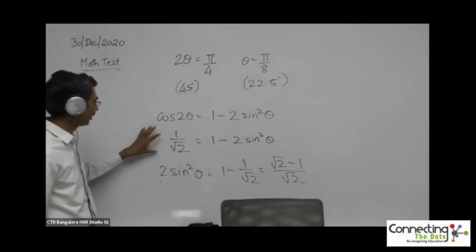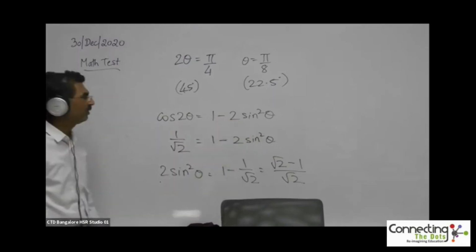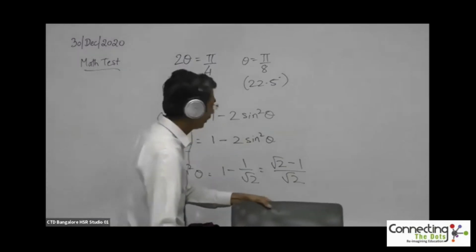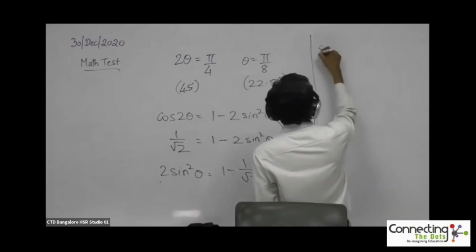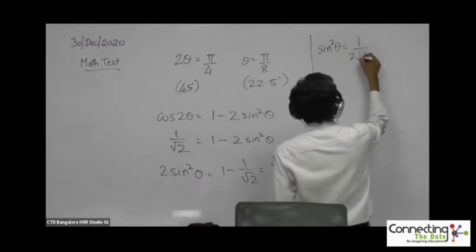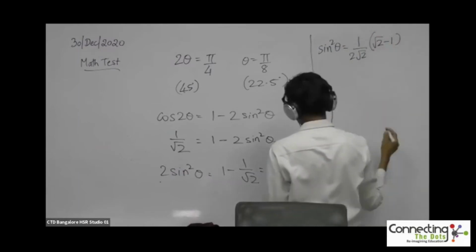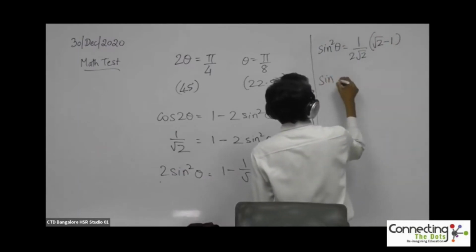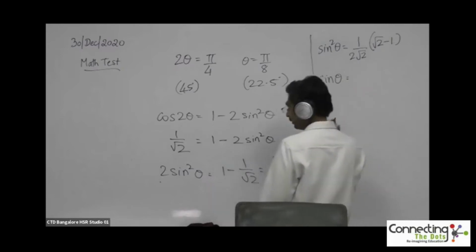So 2 sine square theta comes over to this side, 1 by root 2 goes that side, and so we have this. And then now we just simplify. So sine square theta is 1 by 2 root 2 minus 1. So sine theta is... oh, did I make a mistake with this?